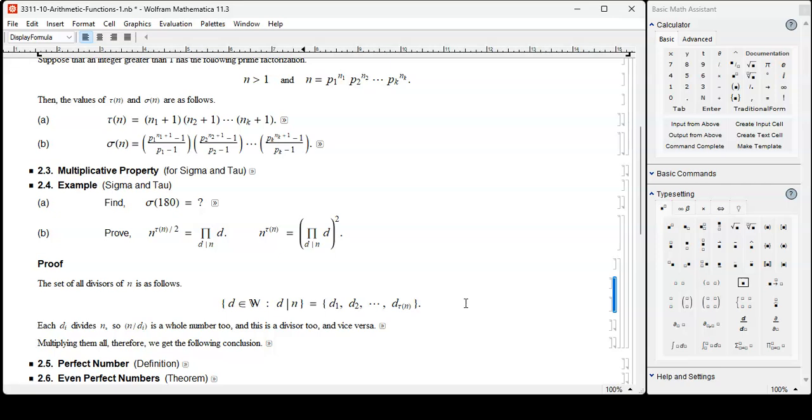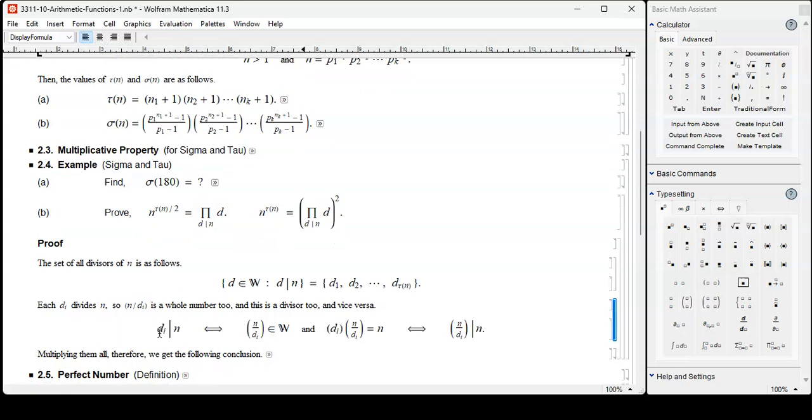We have all those divisors, and then d divides n, so n over d is a whole number, and d times n over d is n. Therefore, this is also a divisor. Some dj somewhere here, di is here, dj is somewhere there, and then they multiply into n.